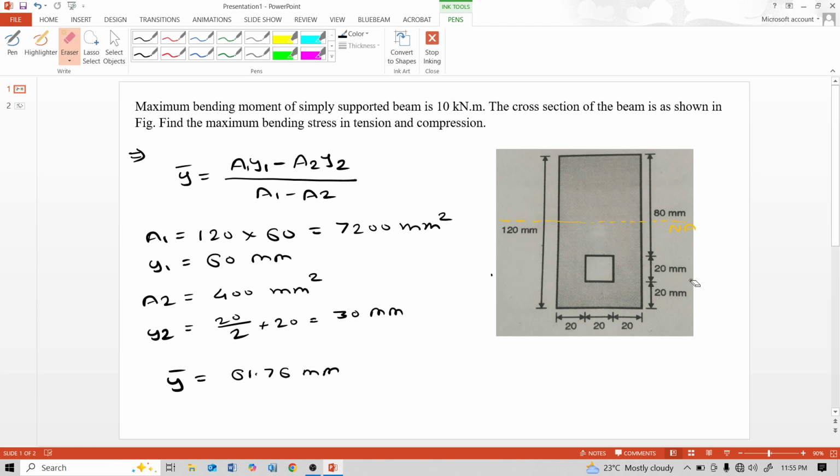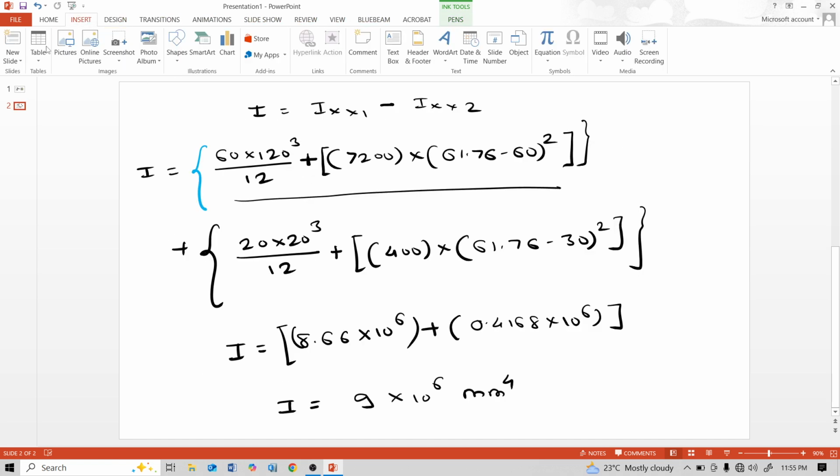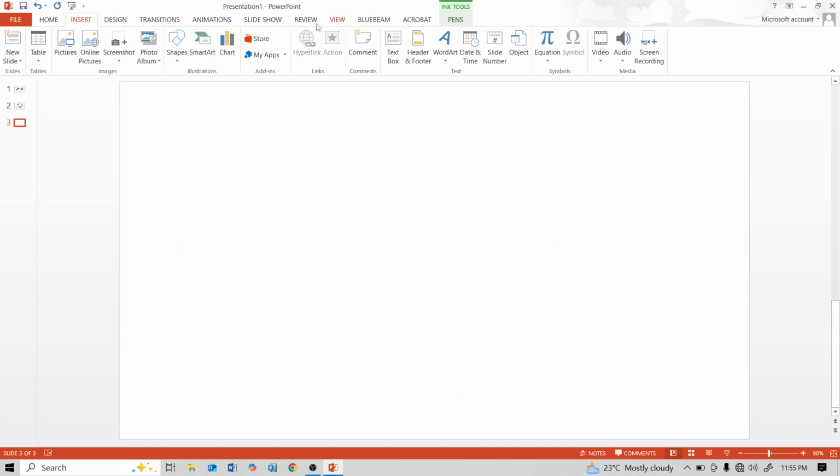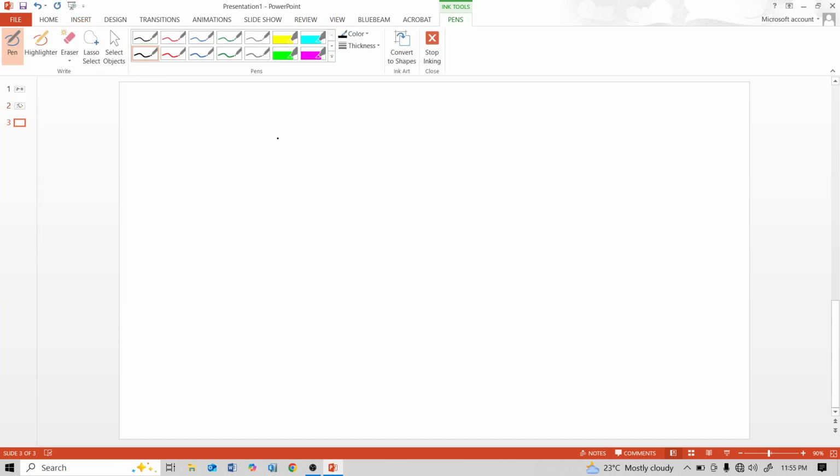So, by using the bending equation, or flexural formula, or bending formula, M by I is equal to sigma by y is equal to E by R. M by I is equal to sigma by y.